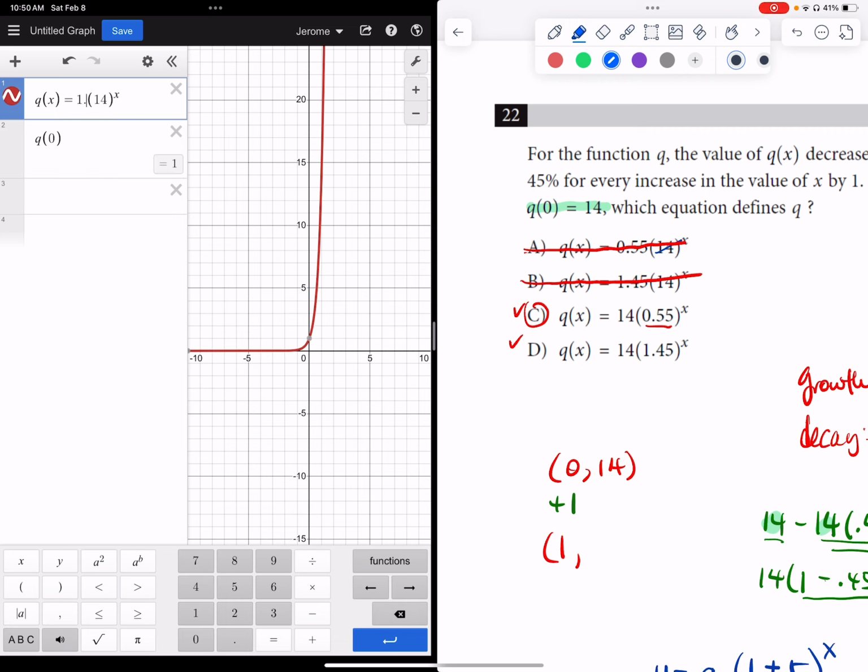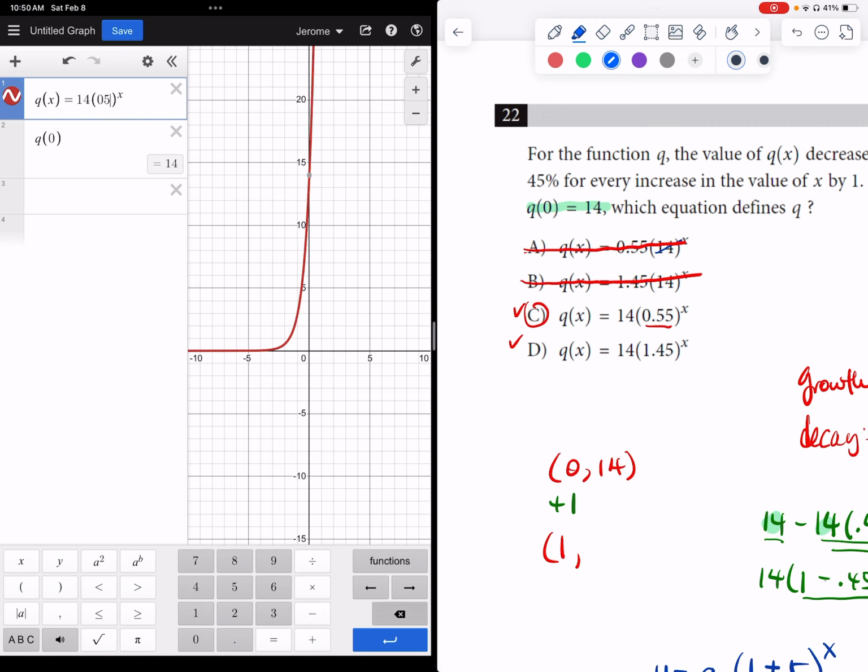So I got 1.45. And you can see that that is also not 14. Okay, so then you can change this to 14 out here, and then inside here was 0.55.